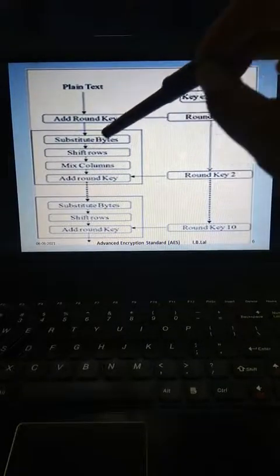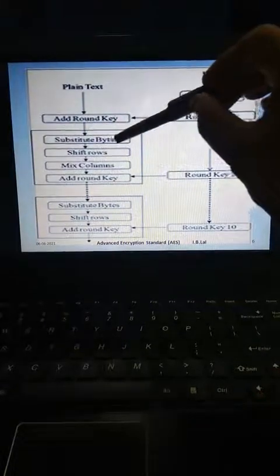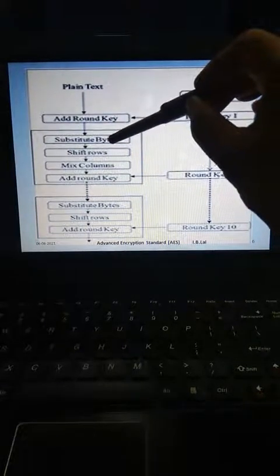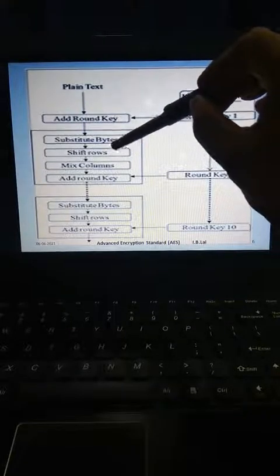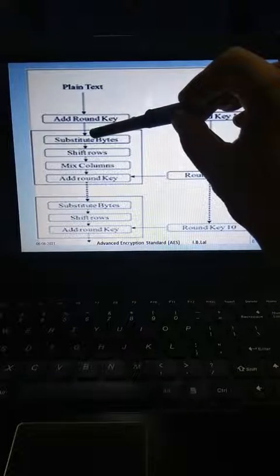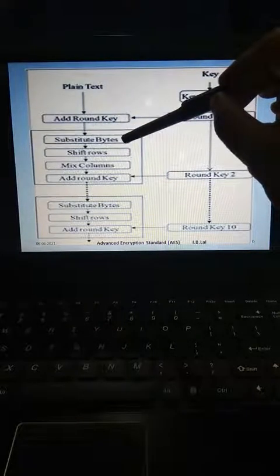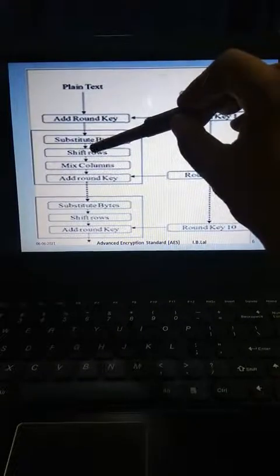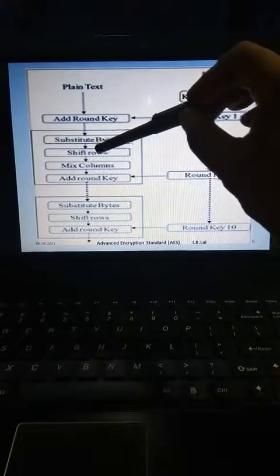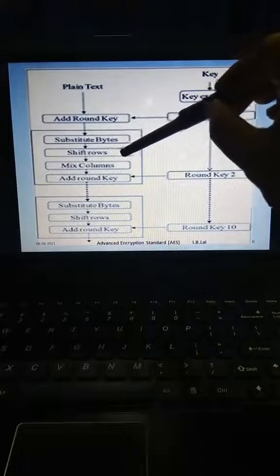We have seen the S box in the DES algorithm, and the output of this substitute box becomes input to shift rows. 128-bit input goes to the S box, and after processing it again produces 128-bit output that becomes input to the shift rows process.